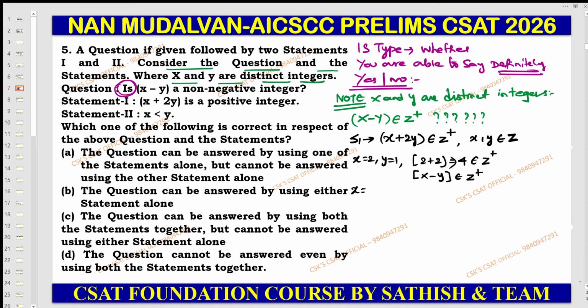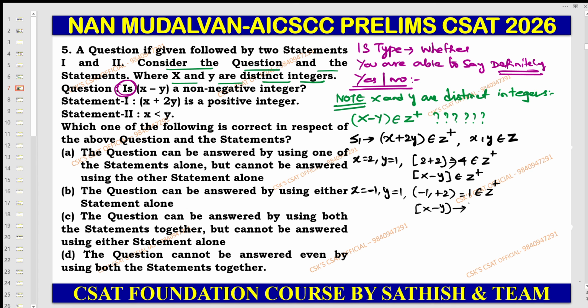So let's see here. x is equal to minus 1, y is equal to plus 1, because x comma y belongs to Z. Now if you see this one, it becomes minus 1 plus 2, so still it satisfies. 1 belongs to positive integer. What is x minus y? x minus y becomes negative.